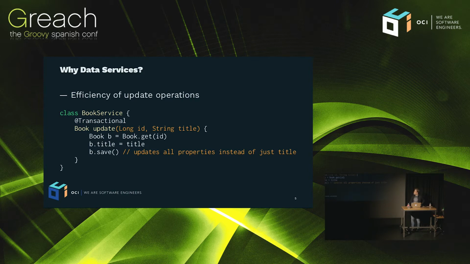Also, efficiency of update operations or write operations in general. So, if you get hold of a book instance, and then you set the title and you call save, it looks fairly innocuous, but the default configuration in GORM is to use optimistic locking and without dynamic updates.